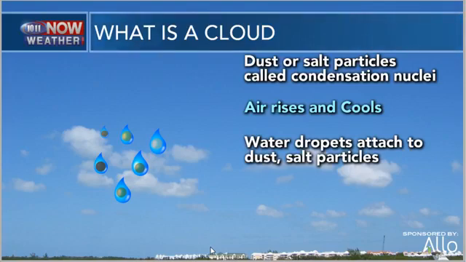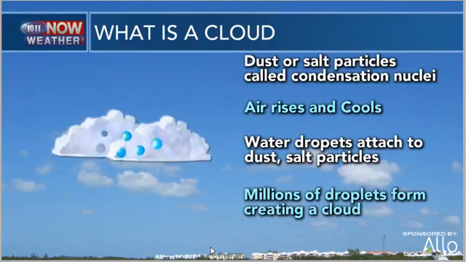That's why it's called the condensation nuclei. Now you have all these water droplets condensing on these particles in the sky, and eventually millions of these droplets form, and that's when you start seeing the cloud. Remember, a cloud is just millions and millions of tiny water droplets or ice crystals, depending on the temperature.